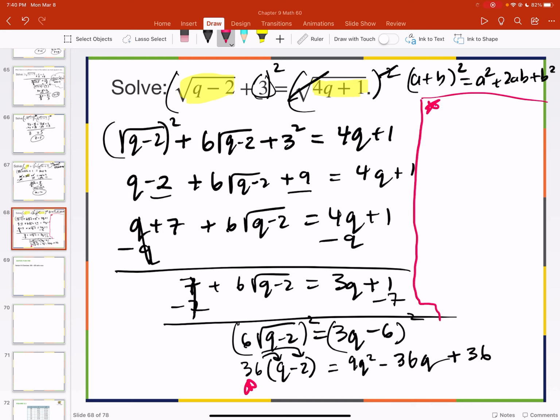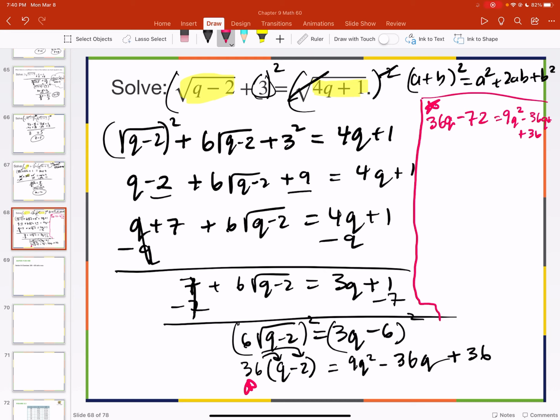So this is where I'm going to start here. Okay, so I have 36q minus 72 is equal to 9q squared minus 36q plus 36.